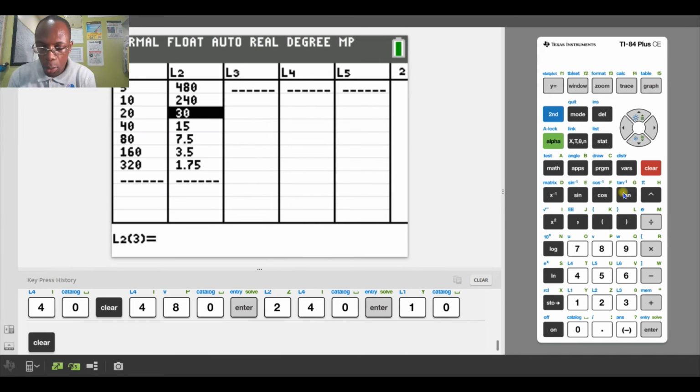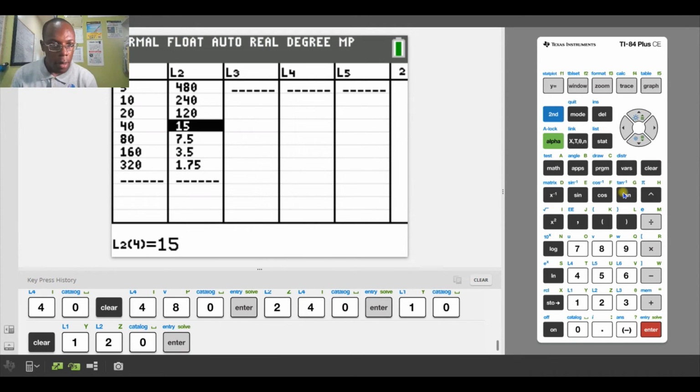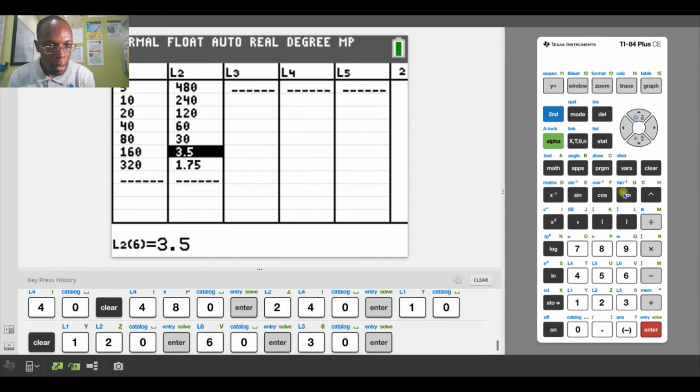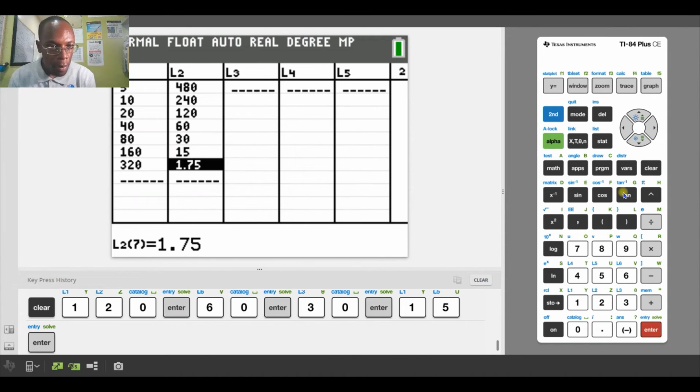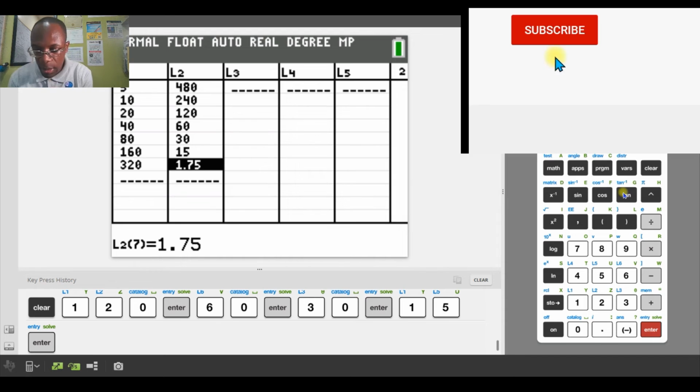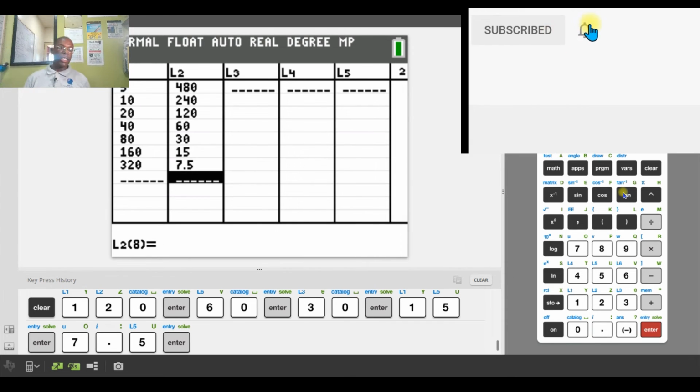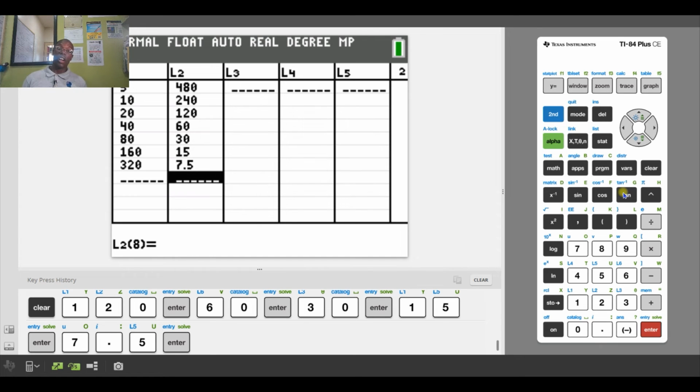That would be 120. This one would be 60, 30, 15, and this one will be 7.5.